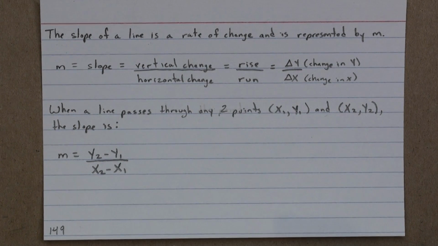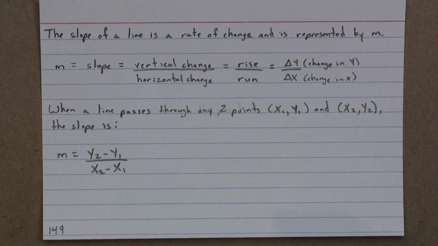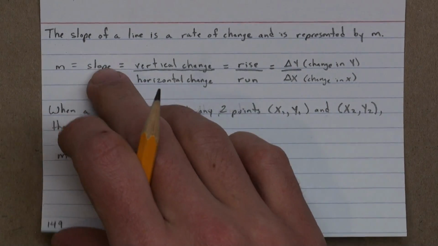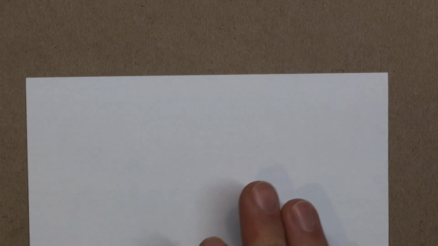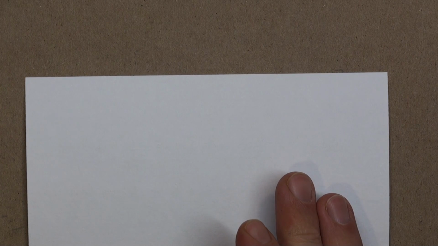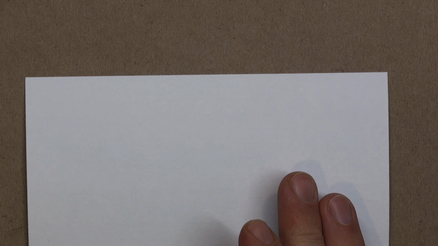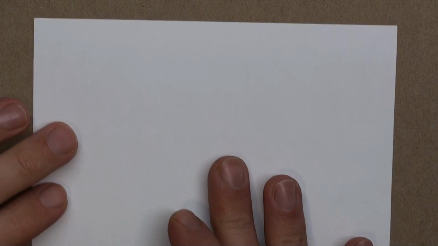So let's see. On the back, we want to draw 6 different boxes.